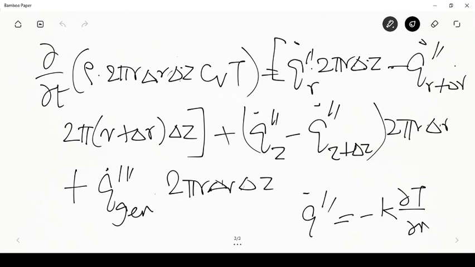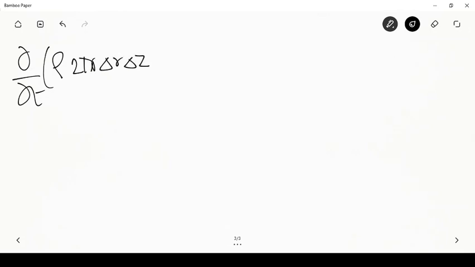So what we will get is del by del t of rho 2 pi r delta z into C_V T is equal to, so we'll get the 2 pi delta z that will come out of this.